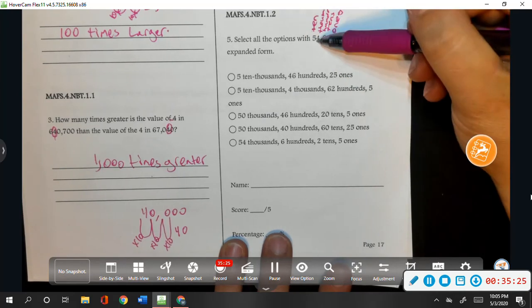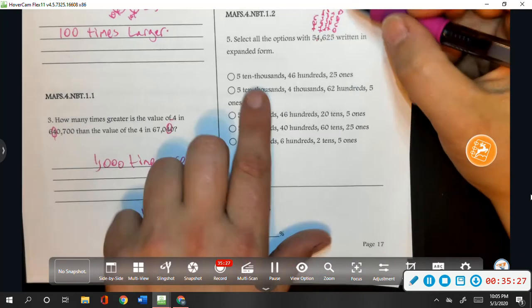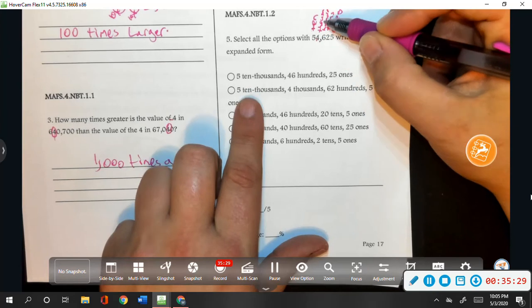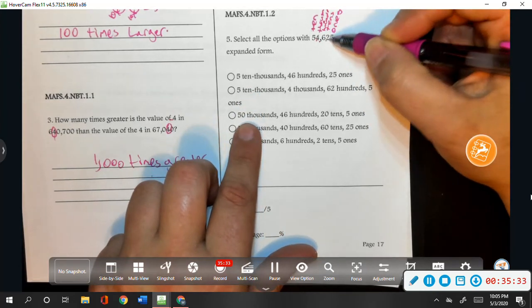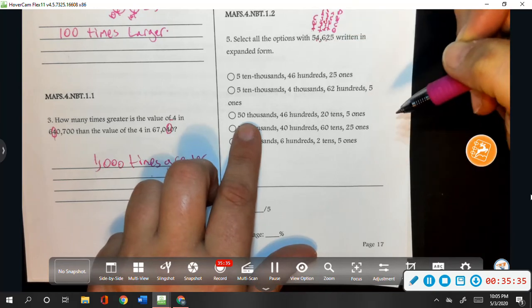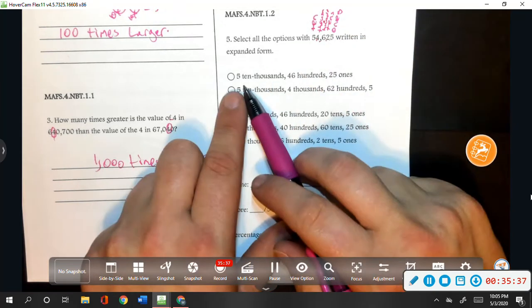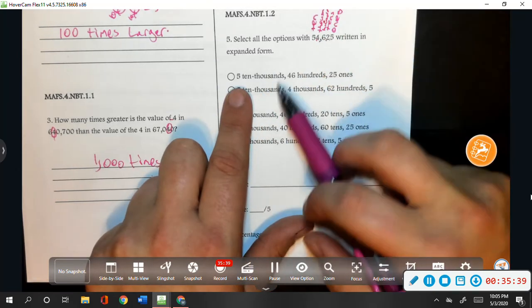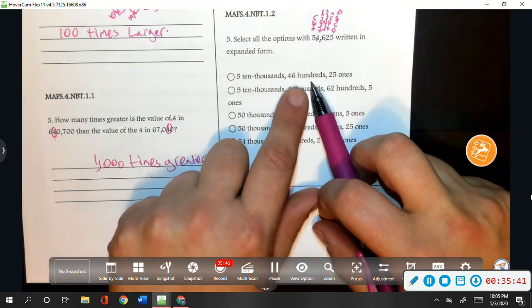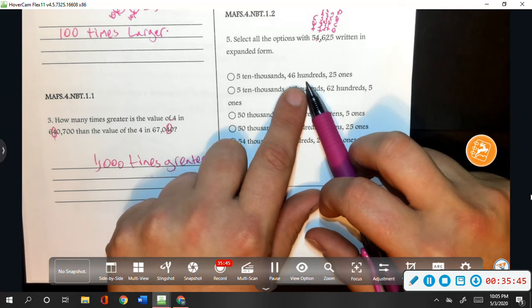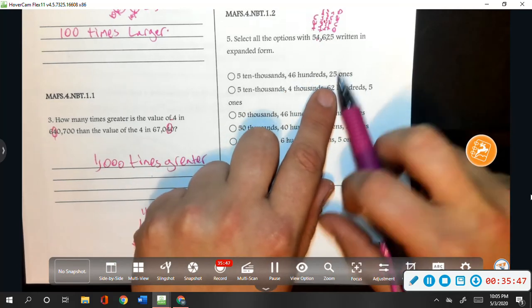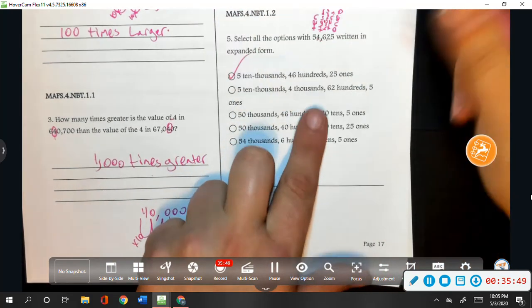So I have 5 10,000s, 4 thousands, 6 hundreds, 2 tens, and 5 ones. Here it says 5 10,000s, which is true, 46 hundreds, which if we were to combine that would be 4,600, and 25 ones. That would add up.